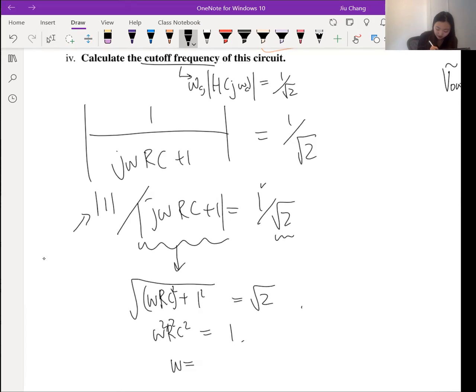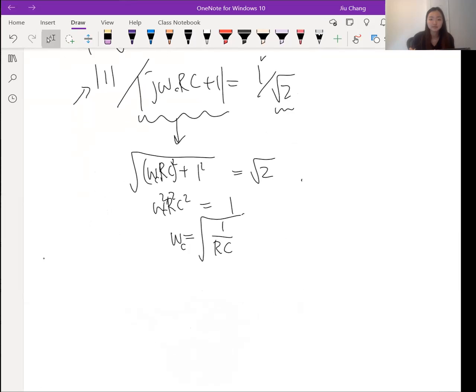So I will use our cutoff frequency notation for all this. That would give us RC square rooted.